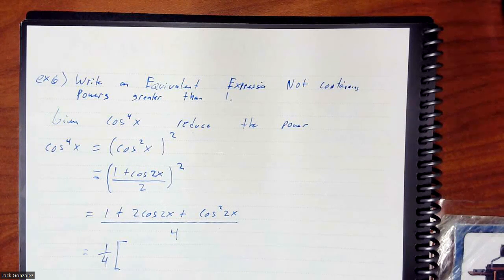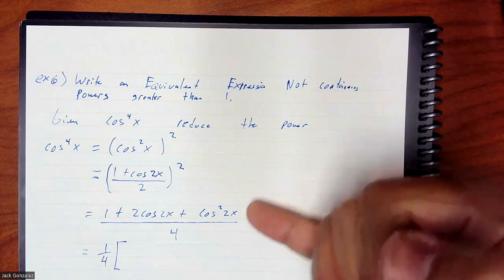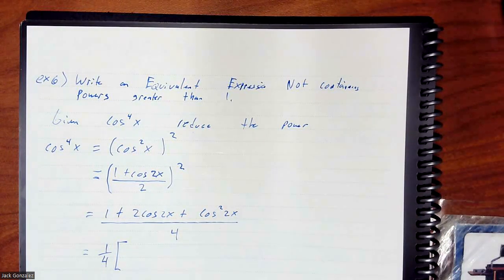Multiply it twice, and you end up with 1 times 1, times cosine, cosine times 1, cosine 2x and cosine 2x. That gets us here, so that's where this top part comes from. Okay, 2 times 2 is 4. Guys, cool with that?